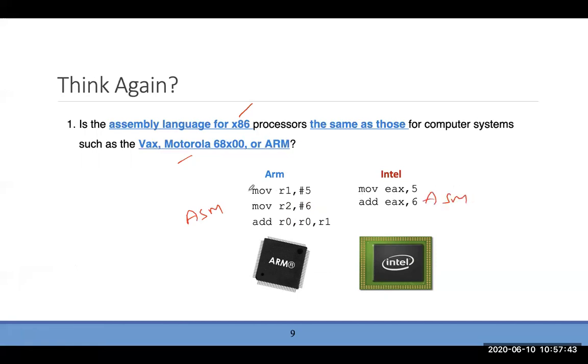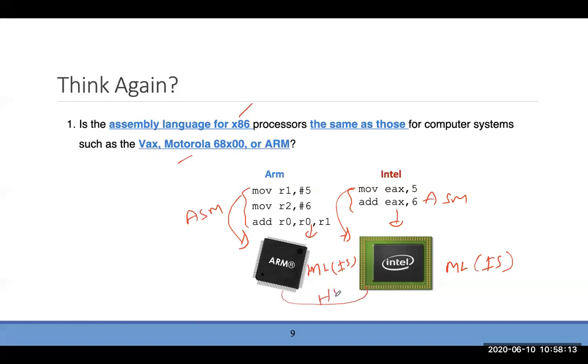These are 2 different in terms of syntax, and they're going to use the assembler to translate into a specific machine language. When I say machine language, I'm talking about instruction set. So the instruction set right here is going to be definitely different. This move is going to be translated into a different move from here. Though at the high level they both look the same for you, for the microprocessor, for the hardware, they are completely different.